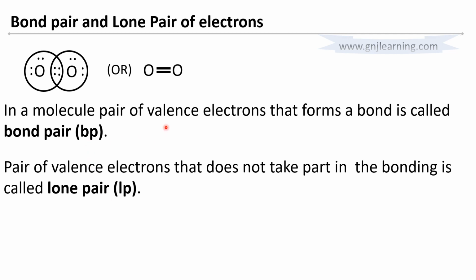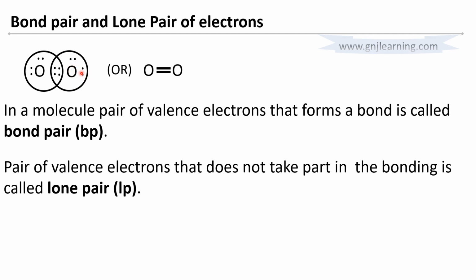One type takes part in bonding, called the bond pair, and the other type does not take part in bonding, called the lone pair. A lone pair entirely belongs to that atom.